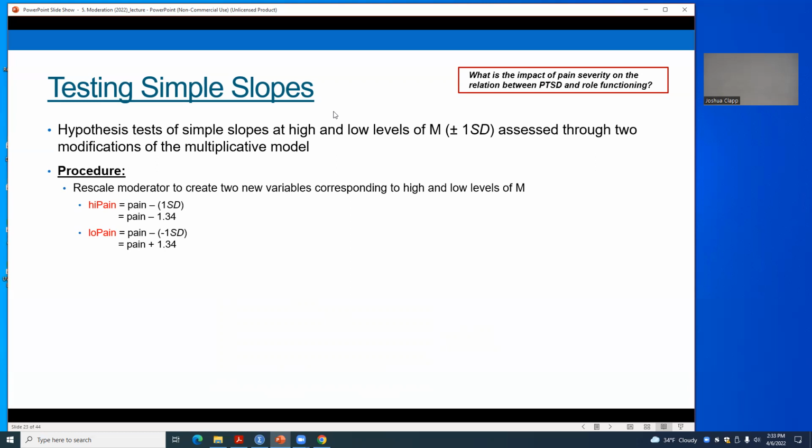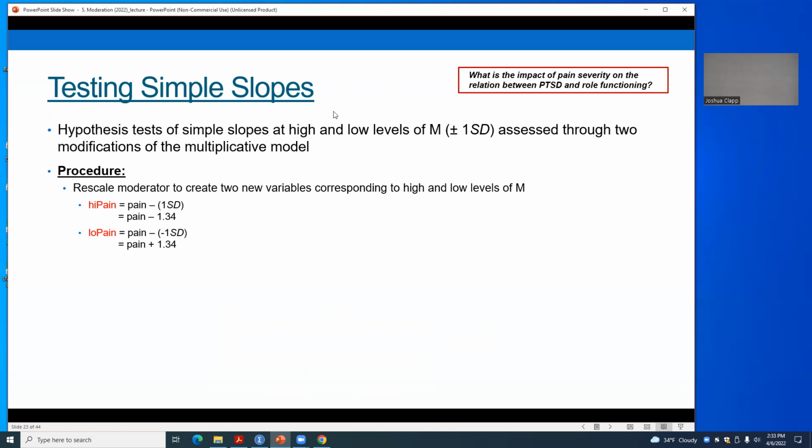And the way we're going to do this is turned around. In order to create high levels of my moderator, I'm going to subtract a standard deviation. And to recenter my moderator at low levels, I'm going to add a standard deviation, okay?